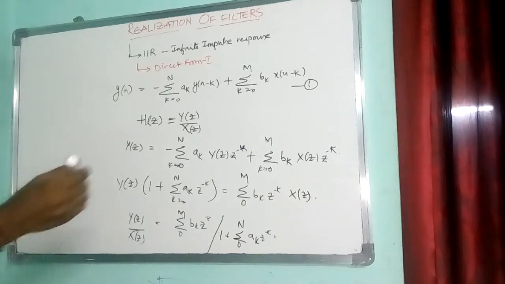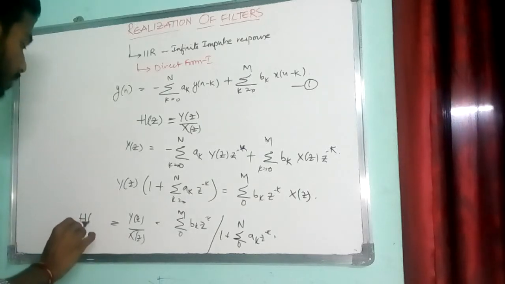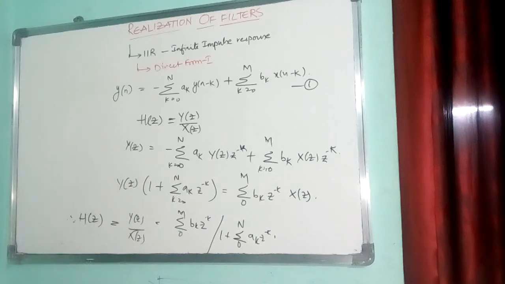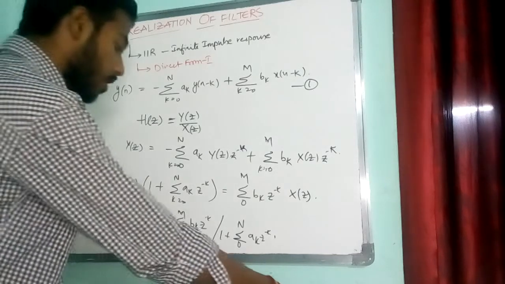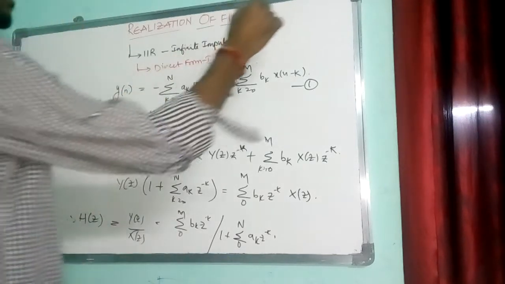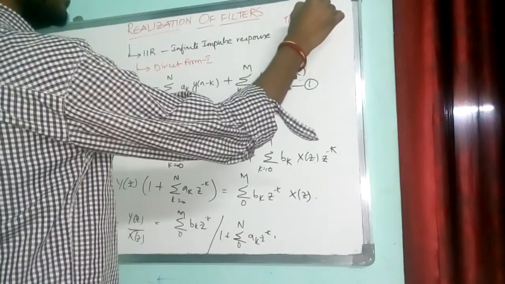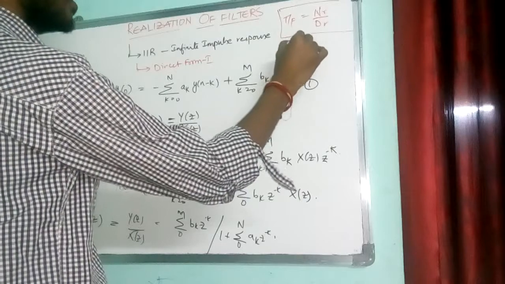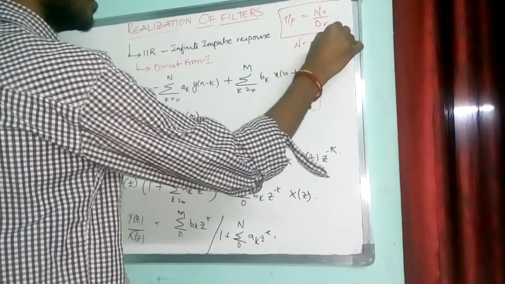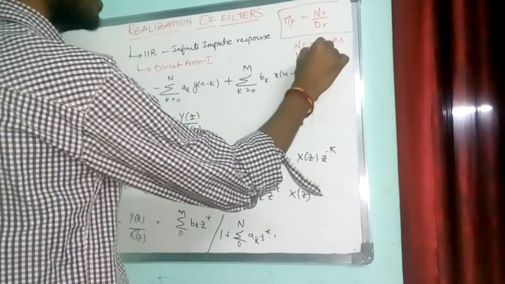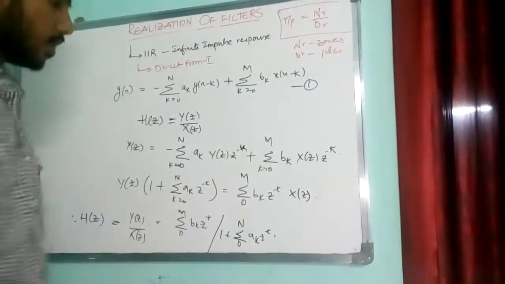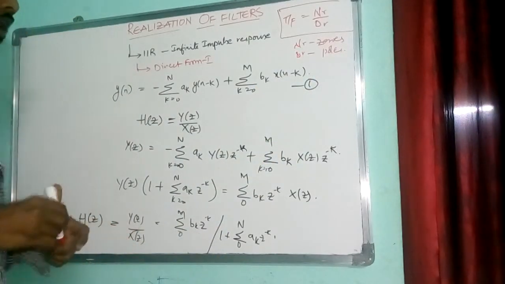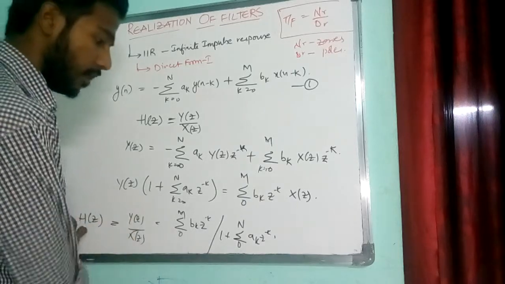This is my H of z, my filter response in Z transform. Whatever the transfer function may be, it will be numerator by denominator, where the numerator indicates zeros and the denominator indicates poles.